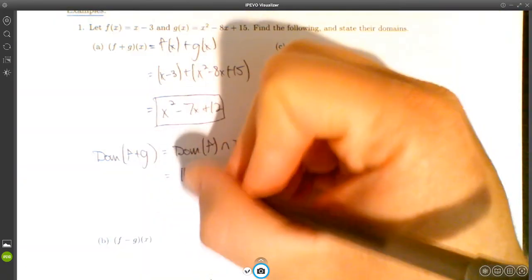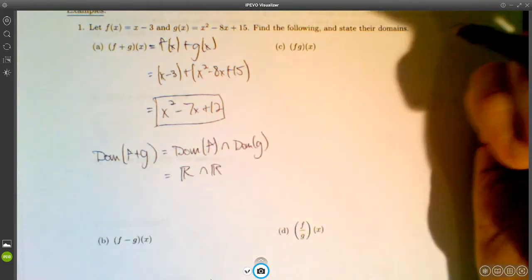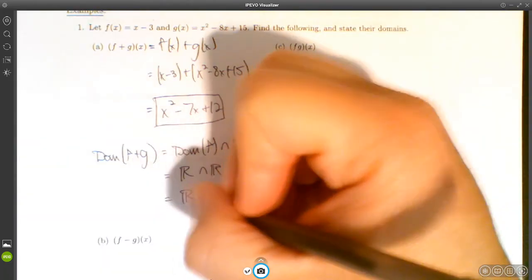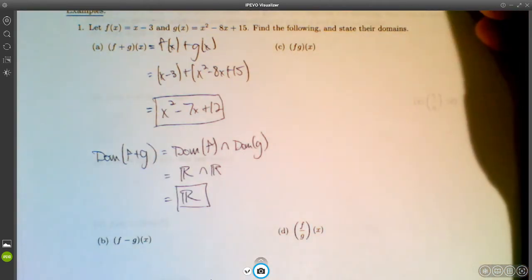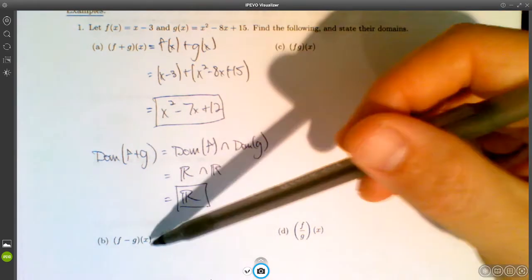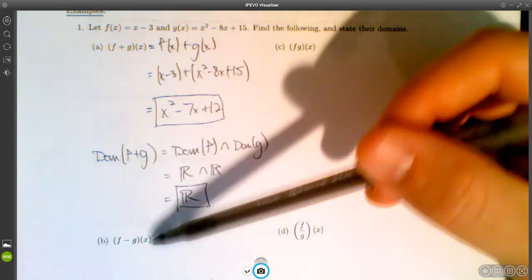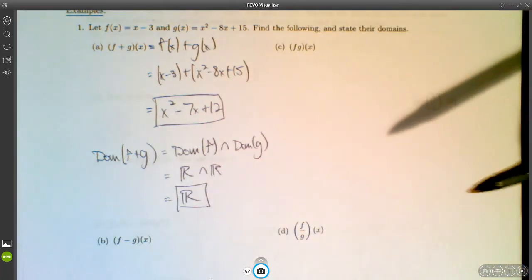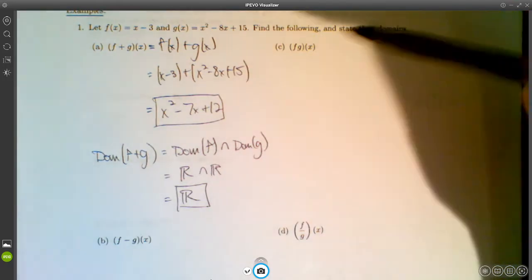So the domain of f plus g is going to be R intersect R, which is of course just R. So the domain of f plus g is all real numbers. Okay, so that's kind of boring. And that's going to be the same domain as parts B and C as well, because the domain of f plus g, f minus g, and f times g are always the same thing. So I'm not going to bother doing this second thing for parts B and C.